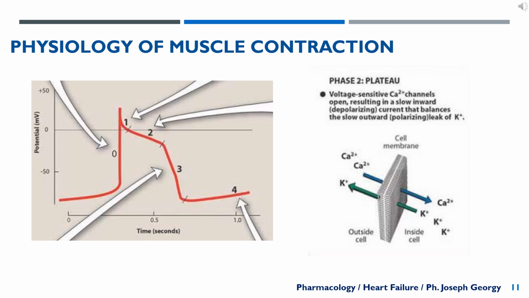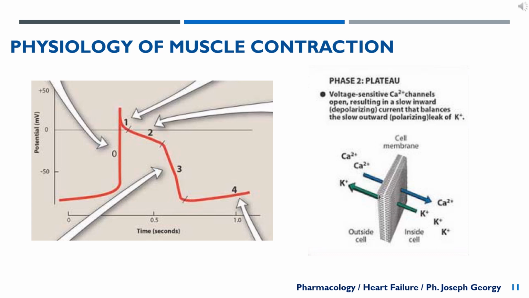So after the repolarization, we will have this depolarization. These voltage-sensitive calcium channels open, resulting in a slow inward depolarizing current that balances the slow outward polarizing leak of potassium ions. So it's about balancing.